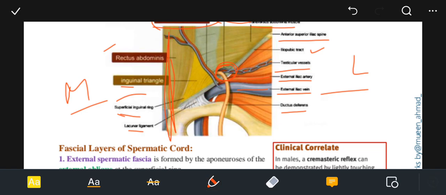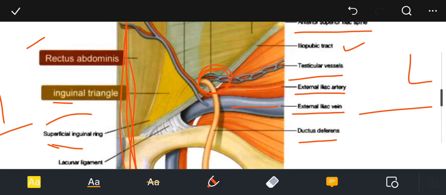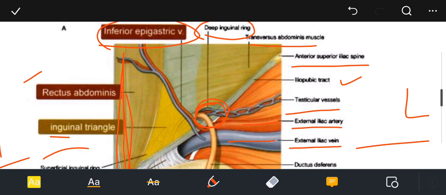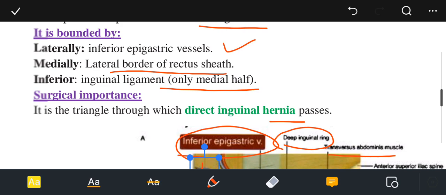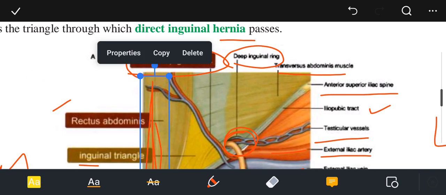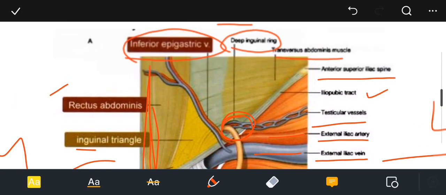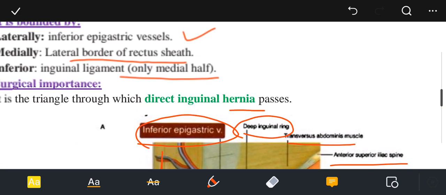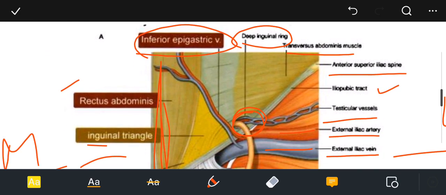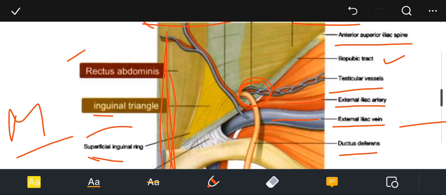Now, if you are talking about the Hesselbach triangle, this is the pubic tubercle, and these inferior epigastric vessels are forming the lateral border, along with the rectus abdominis muscle. So this is the inguinal triangle.